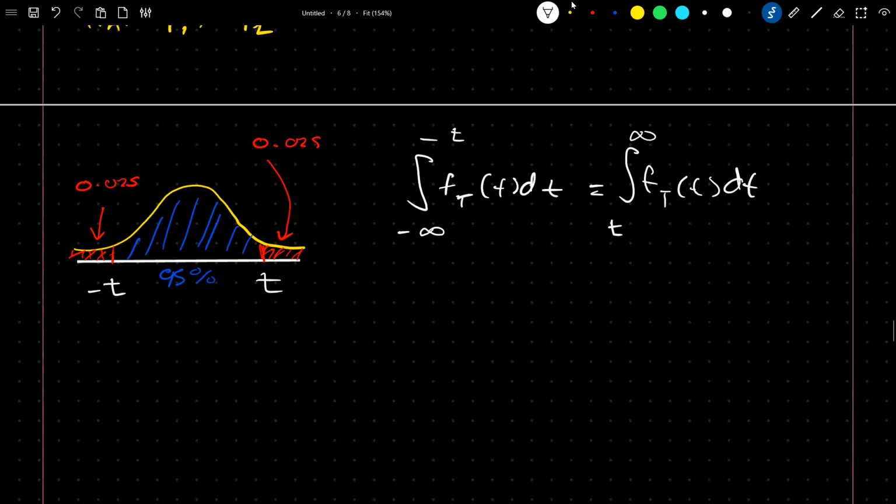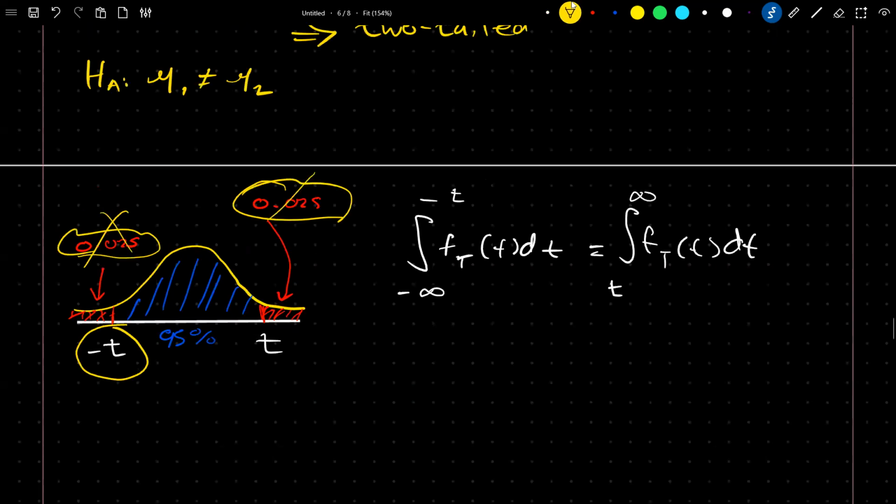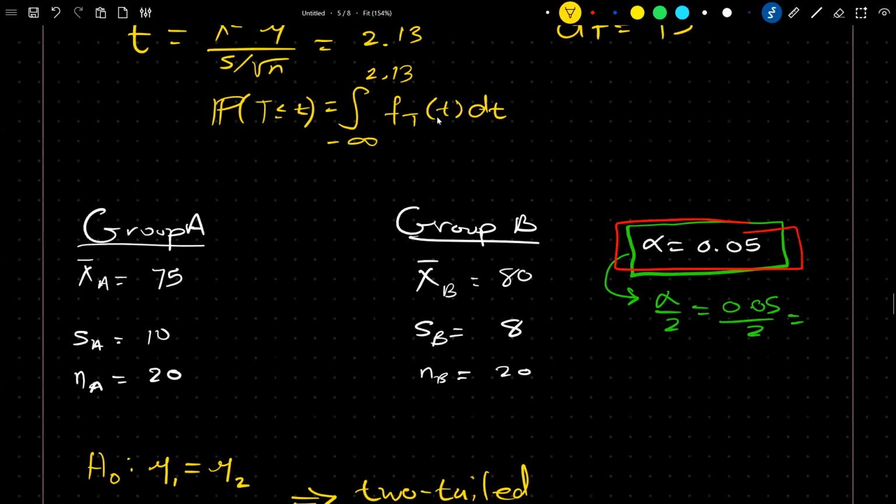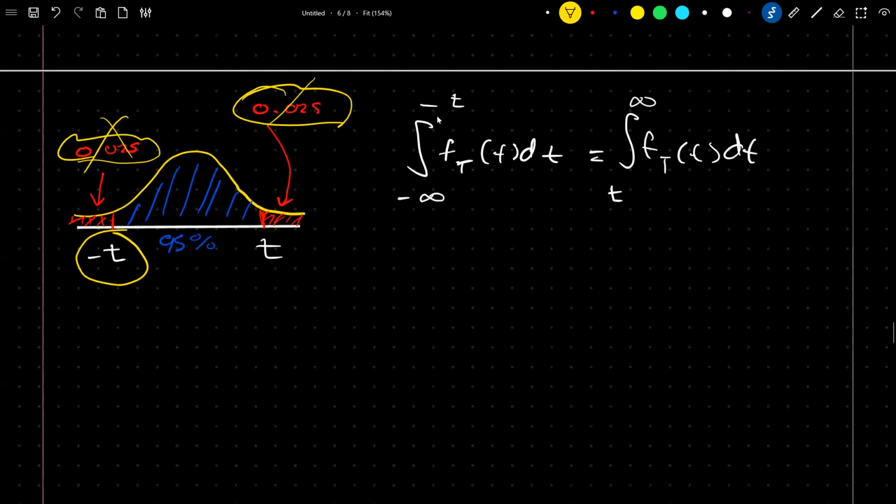Now this t-score, by the way, doesn't correspond to this. This is just the reject region. This is going to have its own p-value, which is what we're going to calculate here. But this p-value is only half, right?